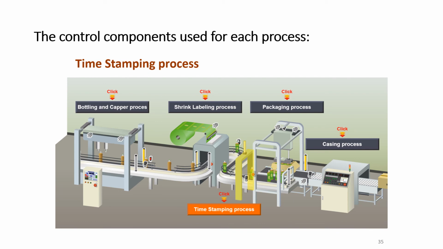The next one is the timestamping process. So the bottles coming out of the shrink labeling process, the proper information like time and date will be stamped on the bottles. You see that process is highlighted in yellow again.